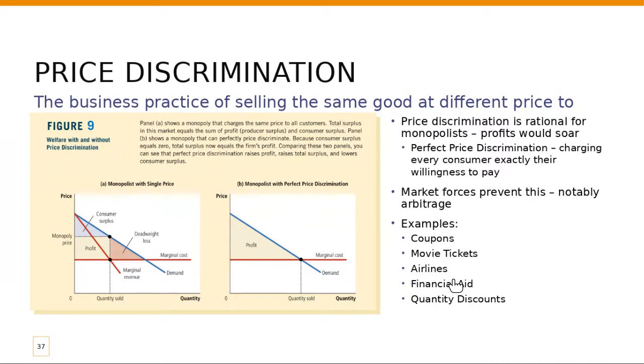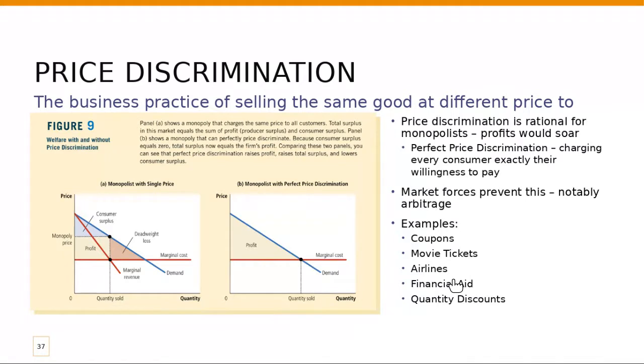So arbitrage works, but in the end, it ends up canceling price discrimination because, simply put, if you try to price high in one place and low somewhere else, people will buy low in that area and then sell high in the other area, eventually raising the price in the area that had low prices and lowering the price in the area that had high prices, and so it equalizes out.